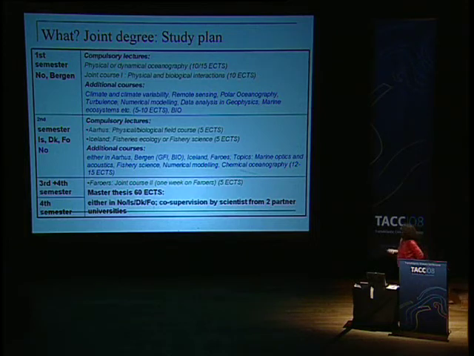It's not coming out on this figure because those lecture parts take so much room, but actually the second part is similar in time and equally important, because for half of the 2 years, or a full year, the students will work on their own research project, a master thesis, which is co-supervised by scientists from 2 partner universities, and this will actually be an interdisciplinary topic.